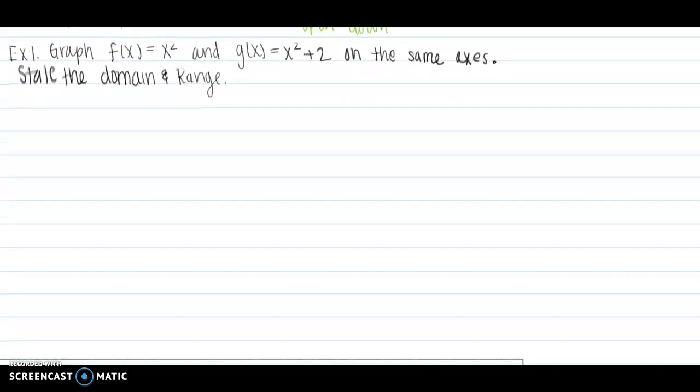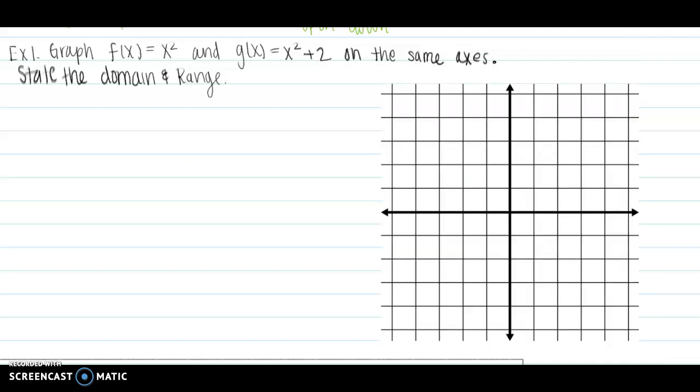So example number 1 says graph f of x is equal to x squared and g of x is equal to x squared plus 2 on the same axis. Alright, so we're going to start off by making a table. And notice that you could replace f of x with y.